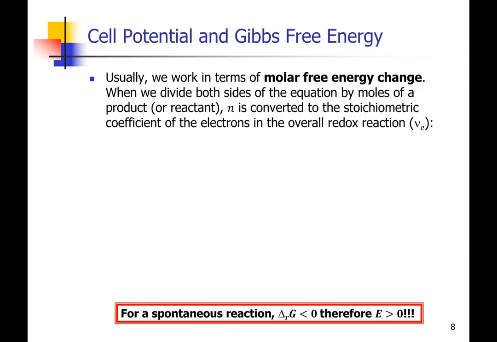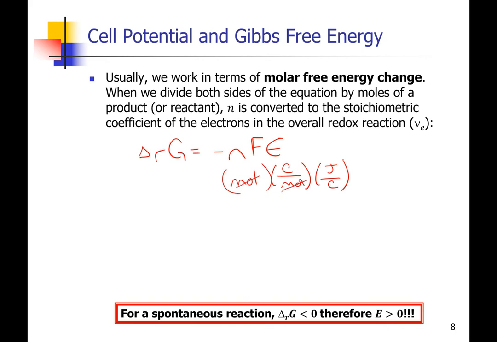Now, if we were to plug units into this version of the equation here, we would have moles times coulombs per mole times joules per coulomb. And our moles would cancel and our coulombs would cancel, and we'd be left with a free energy value in joules. But most of the free energy values on our tables are in kilojoules per mole.